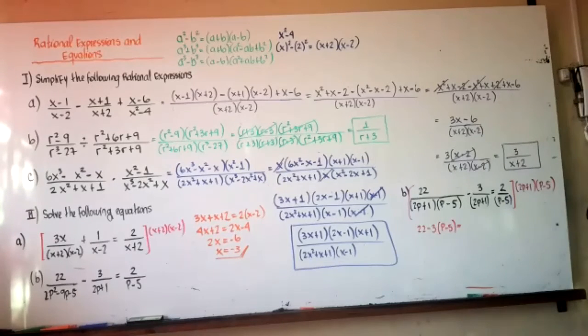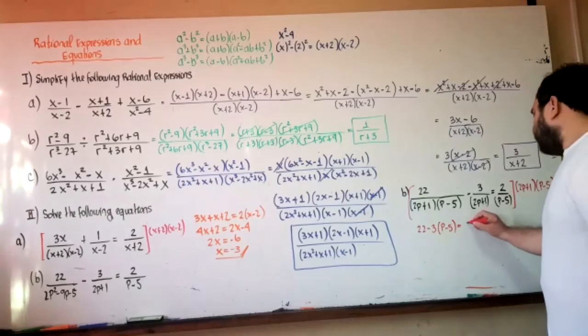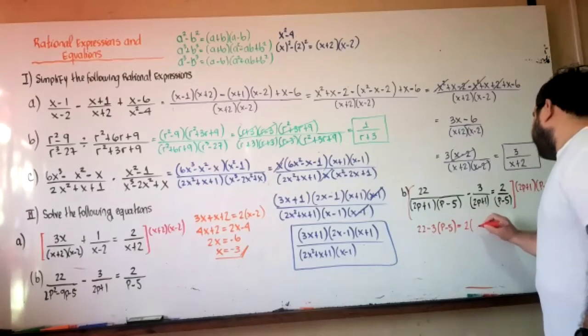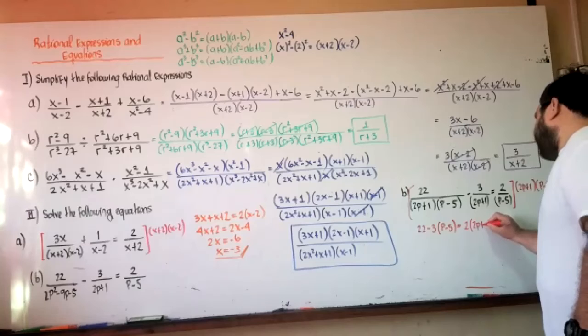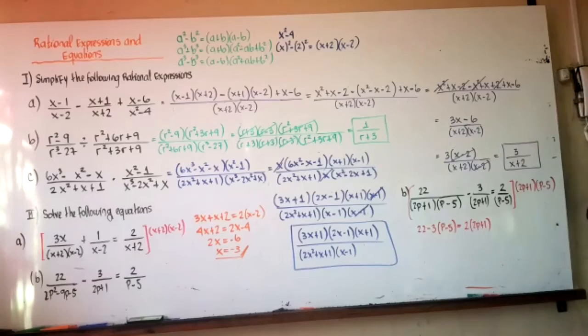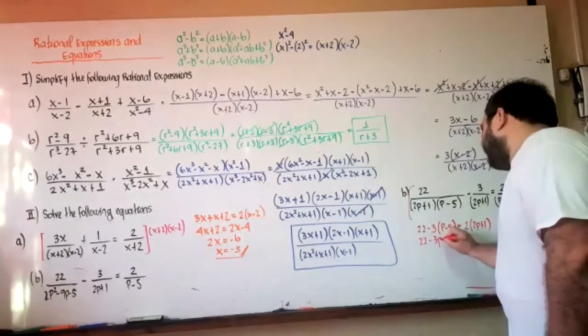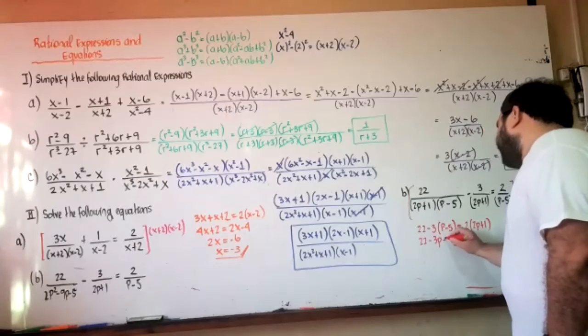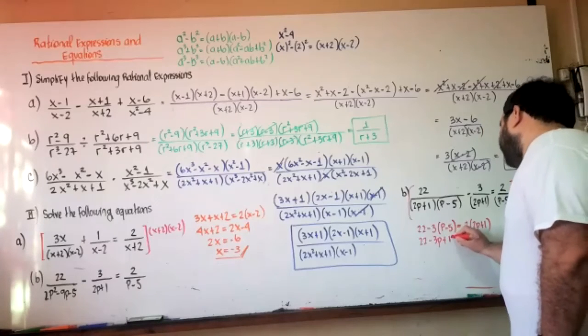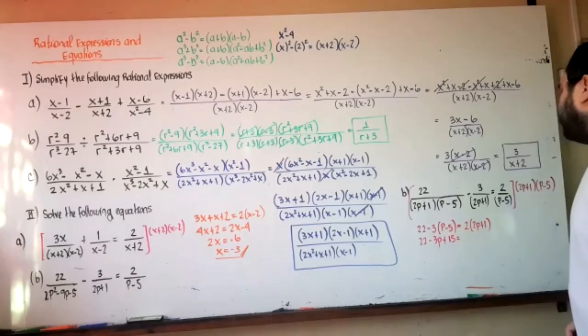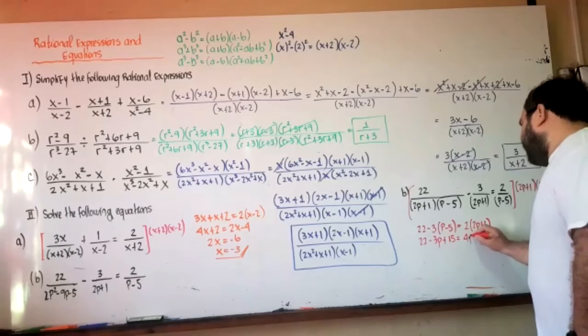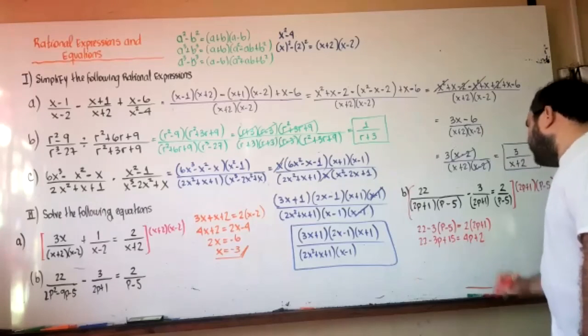Equals, same happens over here. These two terms with this one, the survivor is 2p plus 1. So 2 parentheses, 2p plus 1. And continue: negative 3p plus 15 will be equal to 4p plus 2.